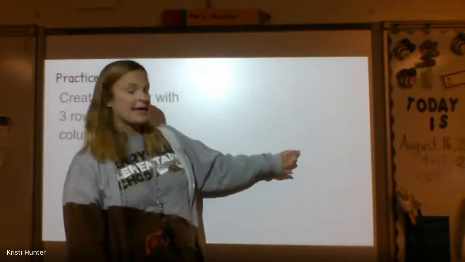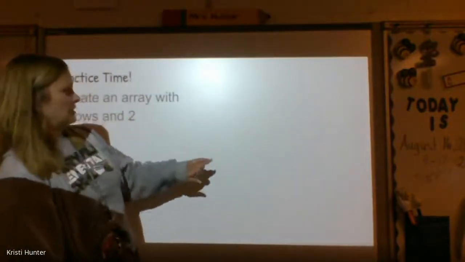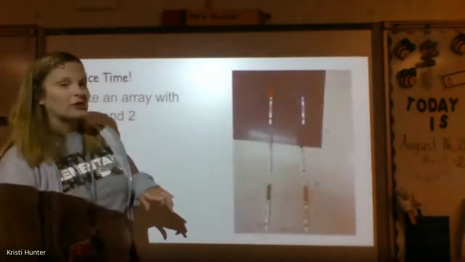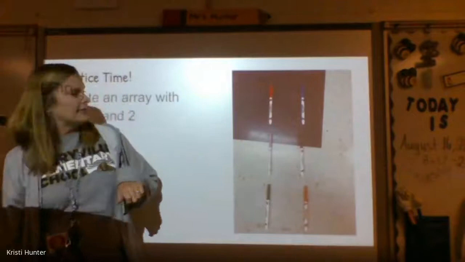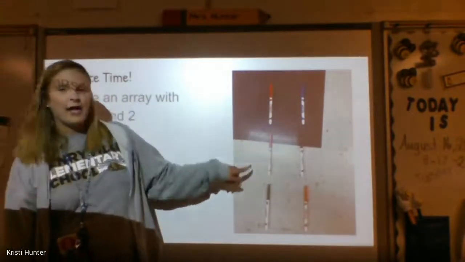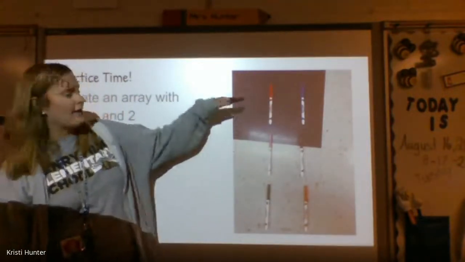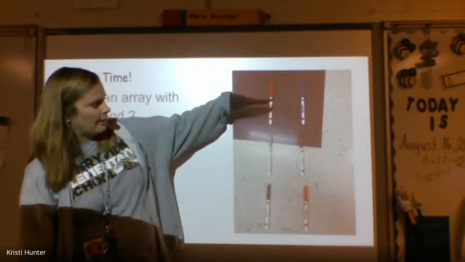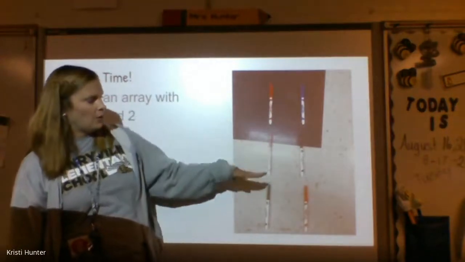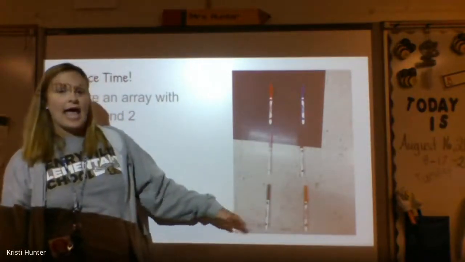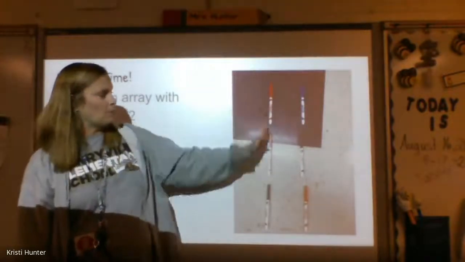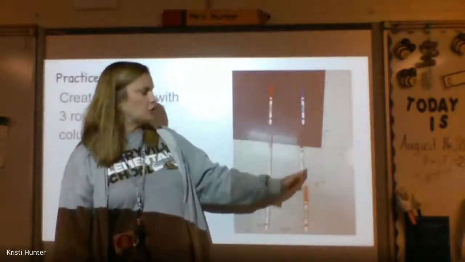So when I make it, hopefully it's going to come up here. It looks something like this. This is my array of markers. I have 3 rows, 1, 2, 3, and 2 columns, 1, 2.